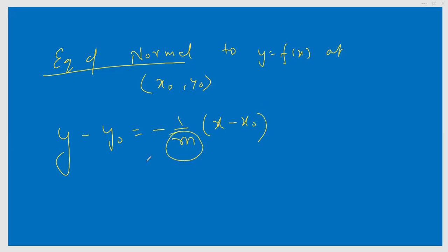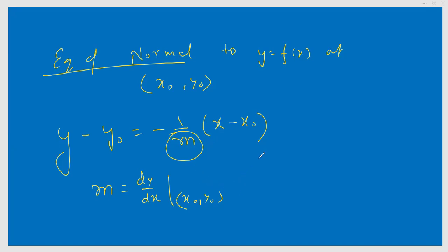How to find this m? Again the same thing. Differentiate y with respect to x and plug in the value of x naught, y naught. In this way you will get the value of m, and you substitute that m here.